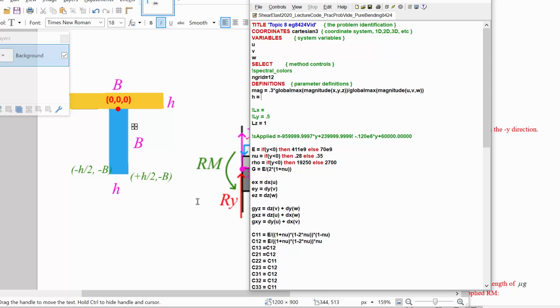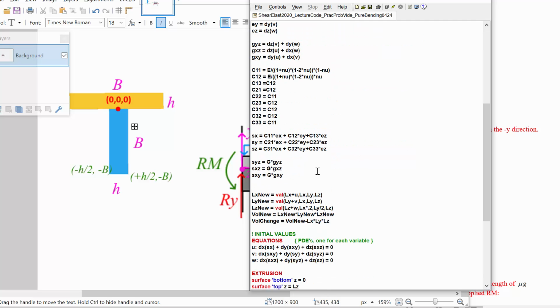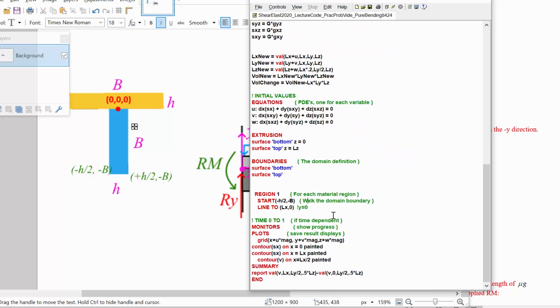H is equal to 20 centimeters, and b is equal to 60 centimeters. Then we can map out this beam as follows. Start there, line to h over 2, negative b, to up there, which is h over 2, 0.